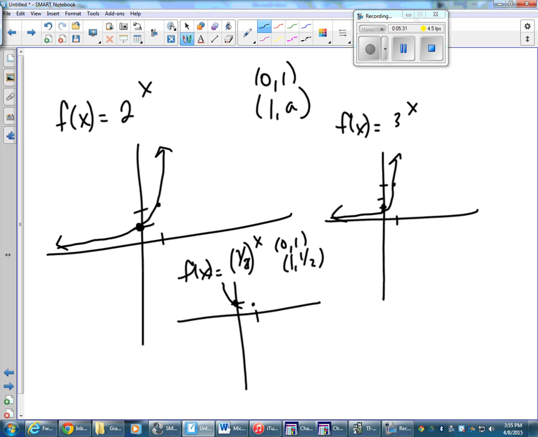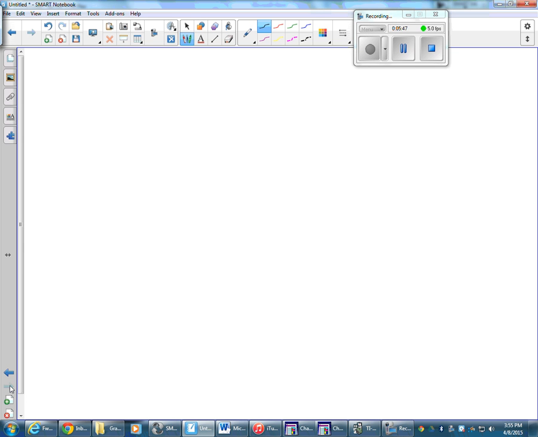This graph is going to be decreasing, approaching the x-axis without touching it. That's not very neat, but it's smooth. It's hard to make this line do what I want it to do.